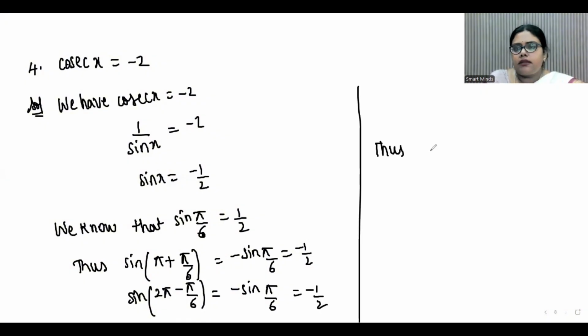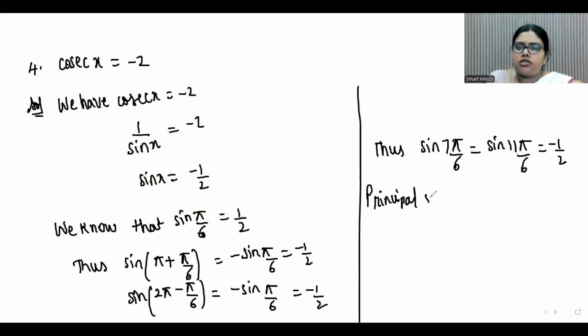So thus, sin 7 pi by 6 and sin 11 pi by 6 are both minus 1 by 2. So what are the principal solutions? Principal solutions are 7 pi by 6 and 11 pi by 6.